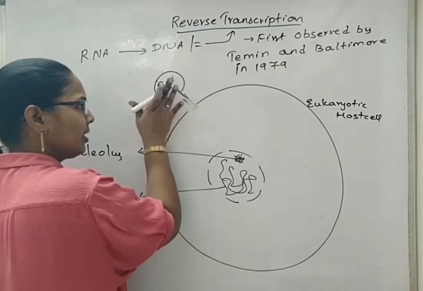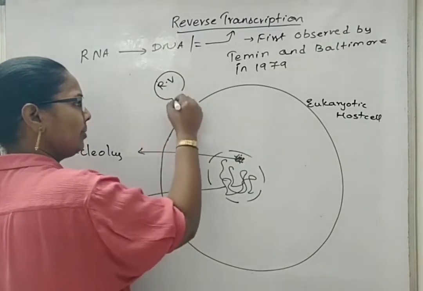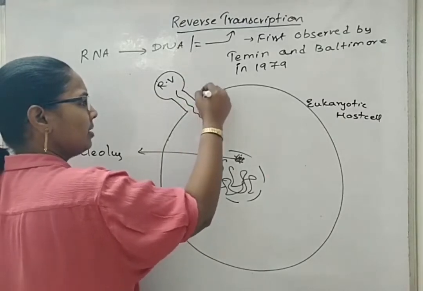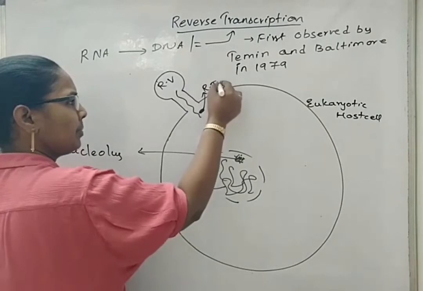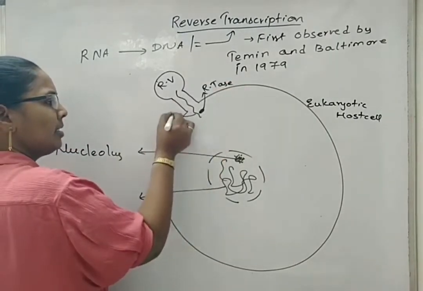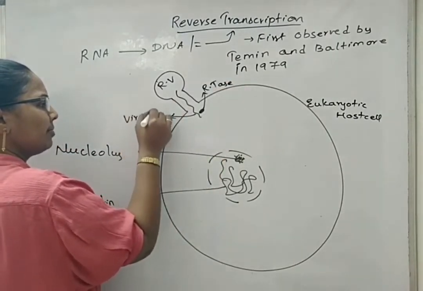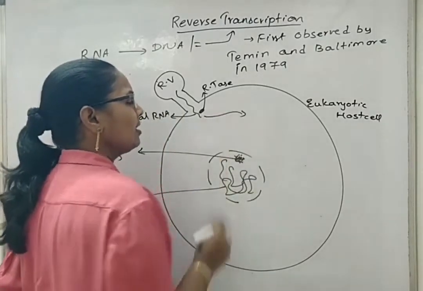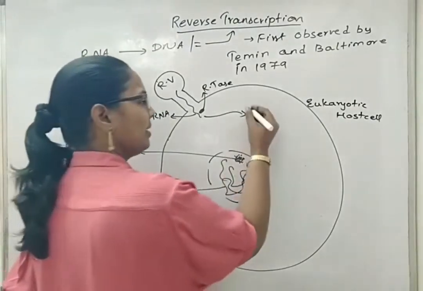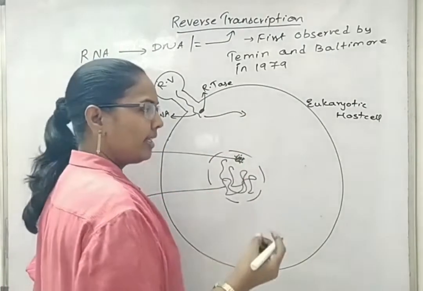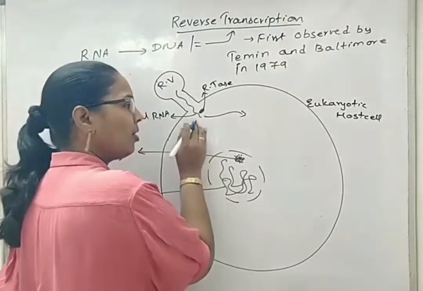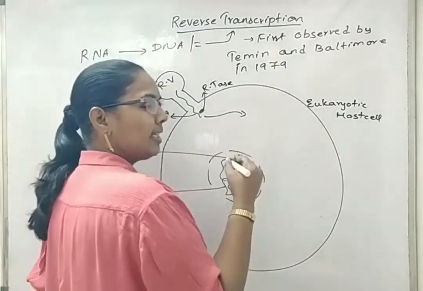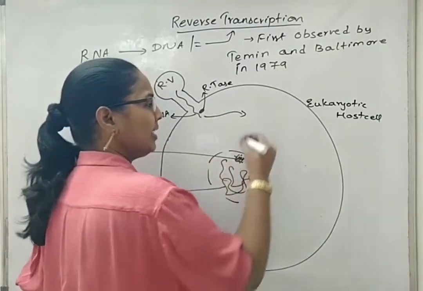During that infection, it incorporates its genetic material into the host along with reverse transcriptase. So this is the reverse transcriptase enzyme. This is the viral RNA. Now, this RNA enters the host cell and synthesizes a DNA which is complementary to the gene sequence of the RNA of the retrovirus, and that DNA is called complementary DNA.